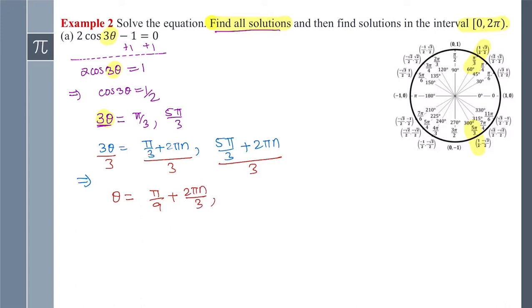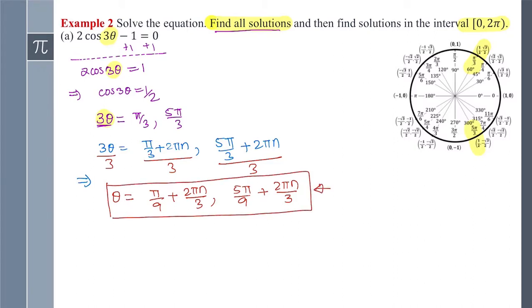Similarly, 5 pi over 3 divided by 3 is 5 pi over 9 plus 2 pi n over 3. This is the general solution, all solutions for this equation. Now let's find the solutions in the interval 0 to 2 pi.